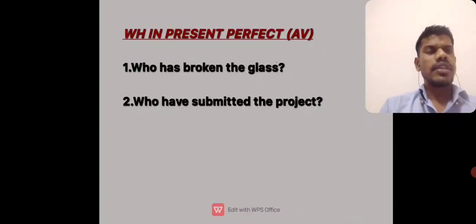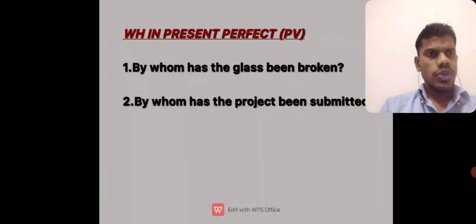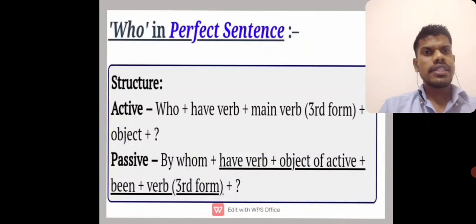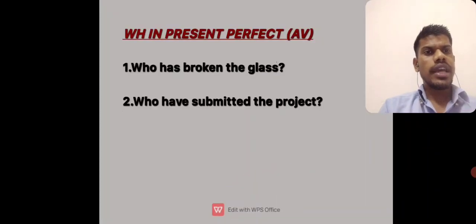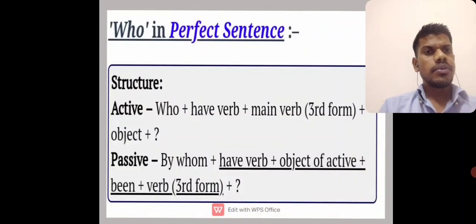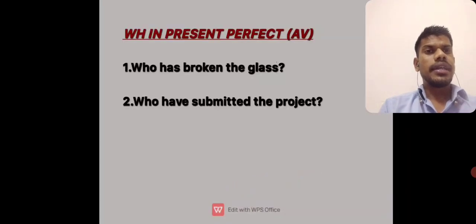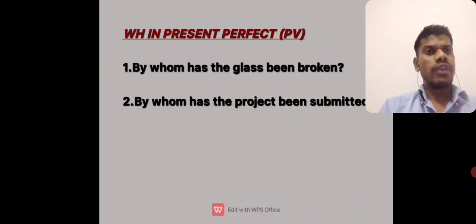That is the difference. Then how to convert this WH present perfect to passive perfect? Let us see. First we have to use by whom has the glass been broken. See the structure here. By whom, next has, then glass been broken by him or them. So that's what we have used.